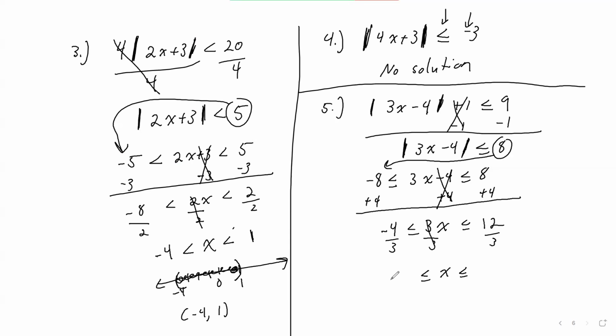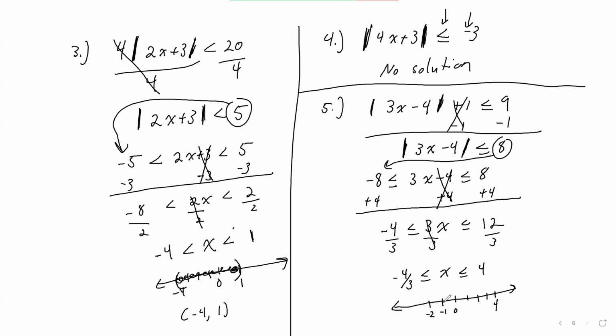Negative 4 over 3 cannot simplify, so we'll leave it as is. And then 12 divided by 3, 4. Very good. Negative 4/3 is like negative 1.3 repeating.